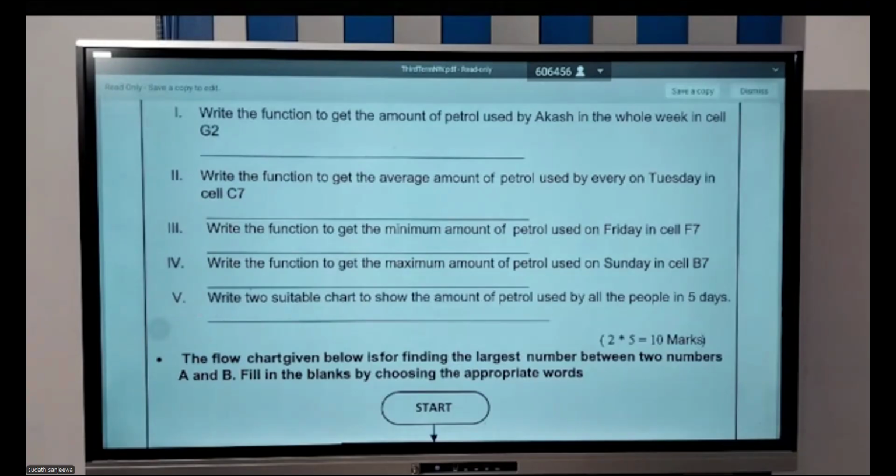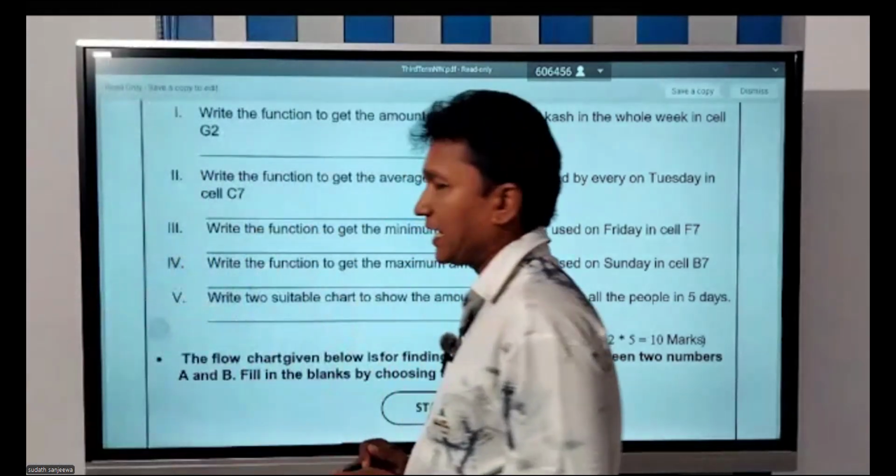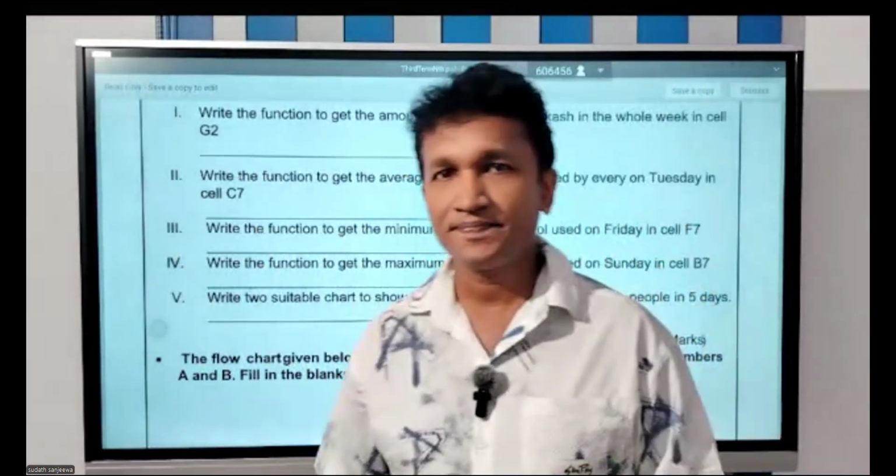Any questions regarding this? Excel එකේ මොනවද අමාරුතැන් තියෙනවද?